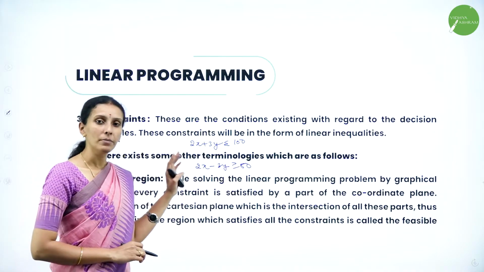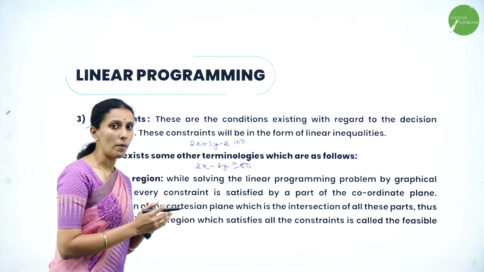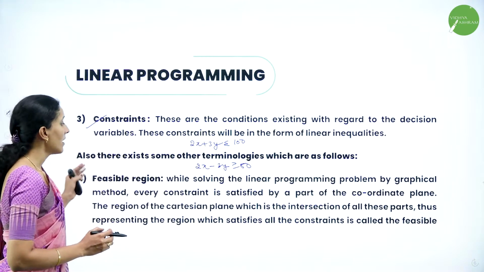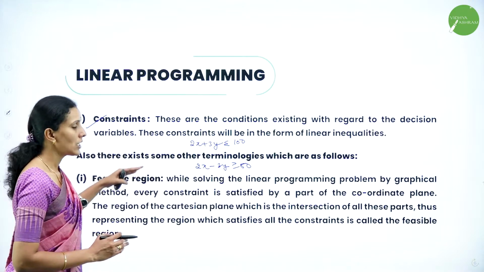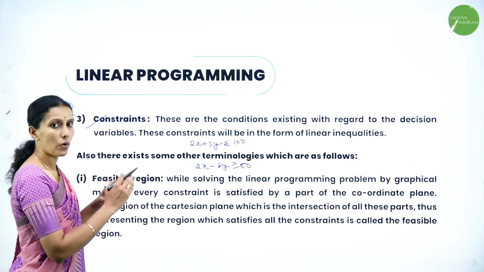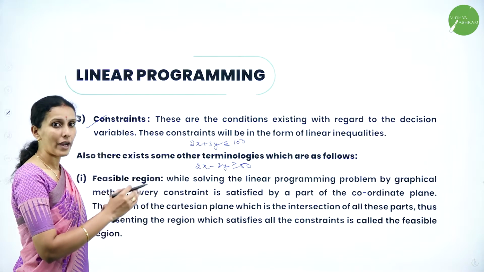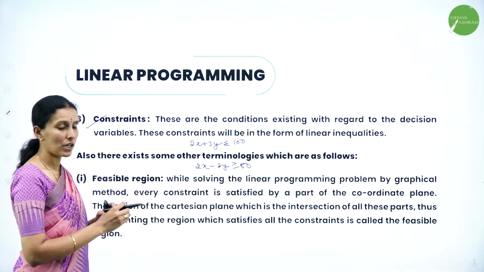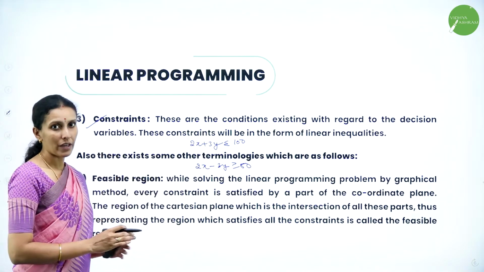Next, apart from this, we have different components in the linear programming problem also. What are they? The first one is feasible region. This is purely based on the graphical solution. When we try to find the solution of the optimal function with the help of the graphical solution, these are the terms we come across.